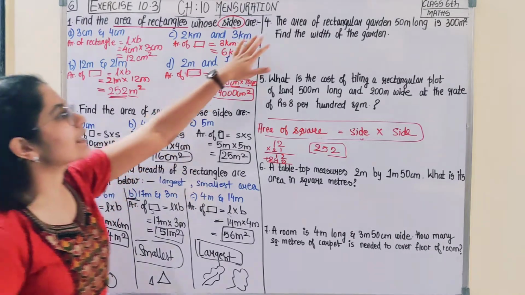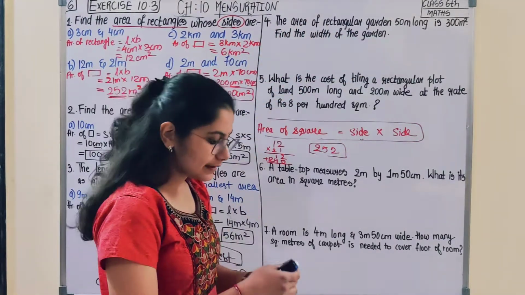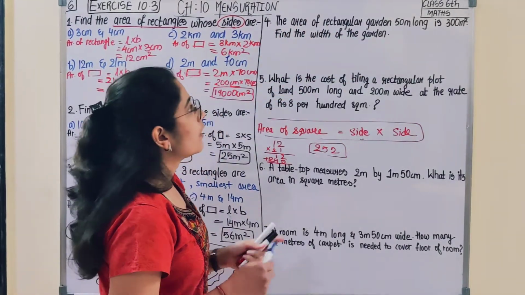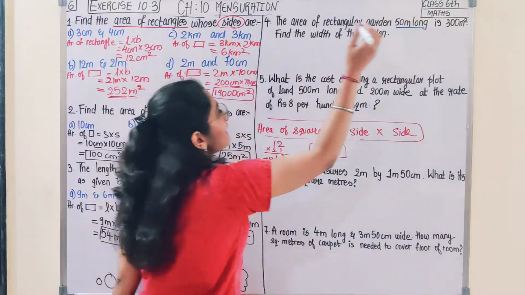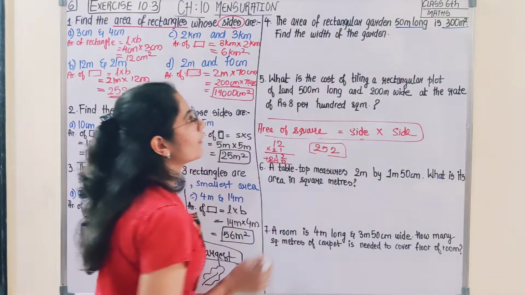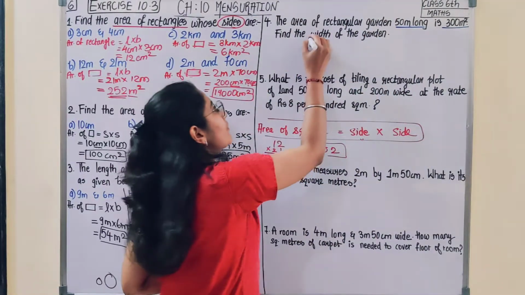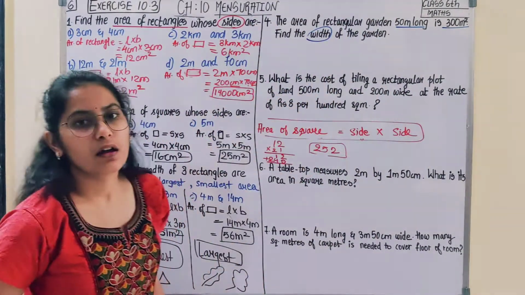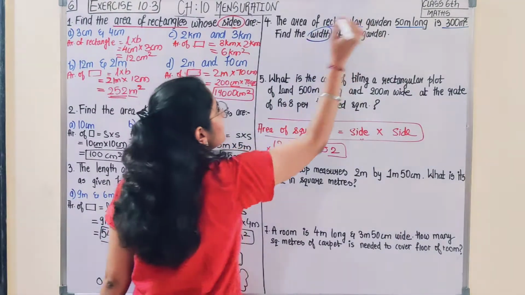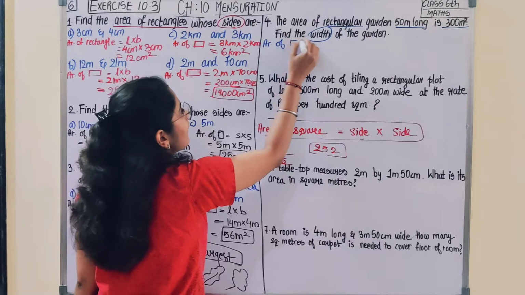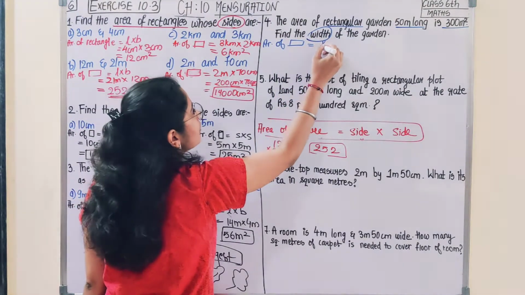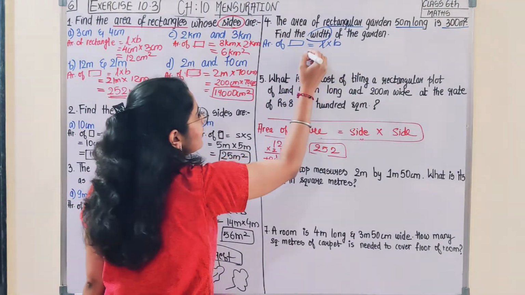Okay, next question, the area of a rectangular garden, 50 meter long. So the length is given, the area is given, 300 meter square. We have to find the width of the garden. Since it is a rectangular garden, area of rectangle is equal to length into breadth.